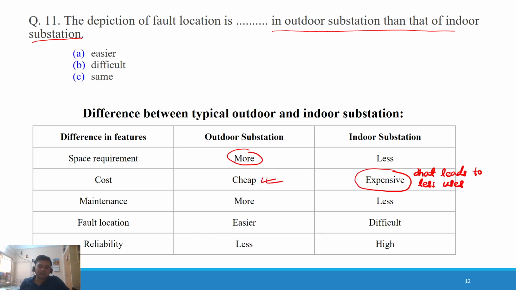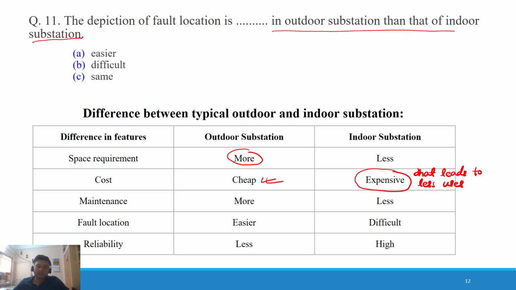This is the economical factor that is why we more frequently see outdoor substations. While maintenance for an outdoor substation is more because it is more fault prone, an indoor substation requires less maintenance.